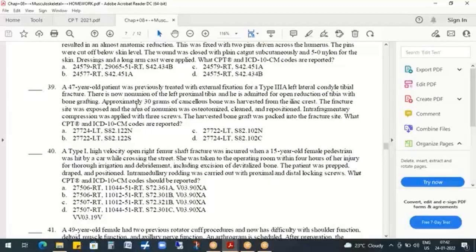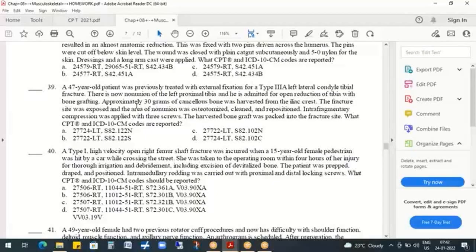The graft is obtained from the iliac crest. 27724: repair of non-union or malunion of tibia with iliac or other autograft. 27722: repair of non-union or malunion of tibia with sliding graft.